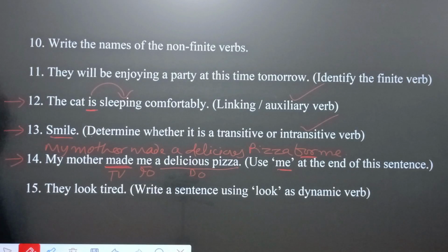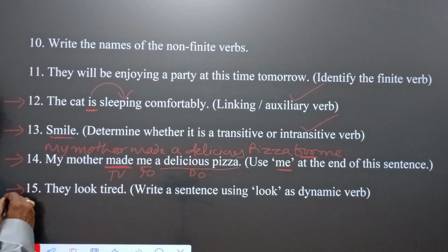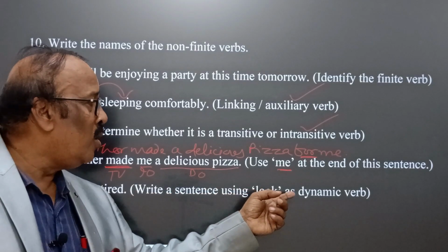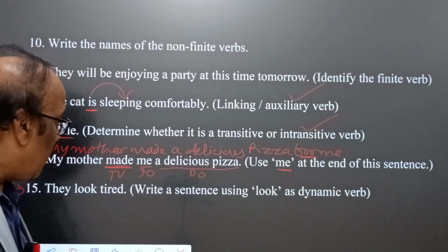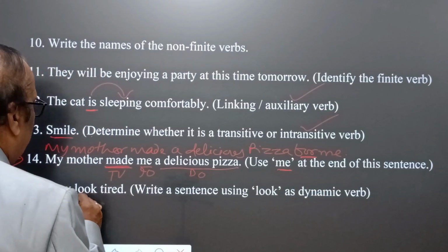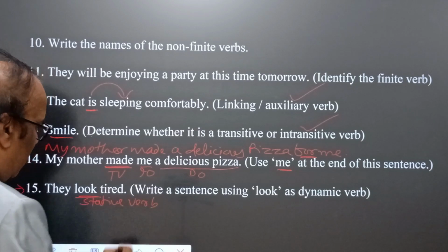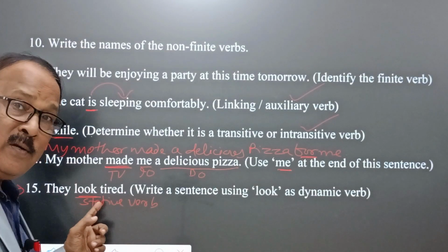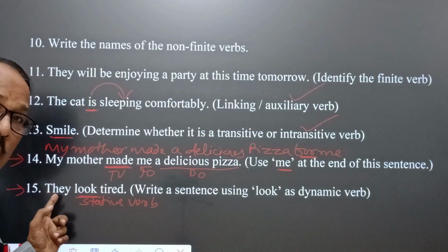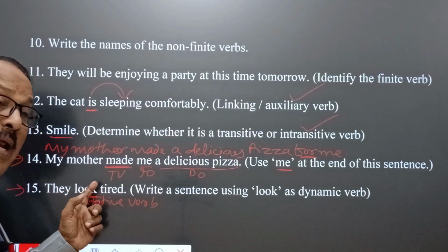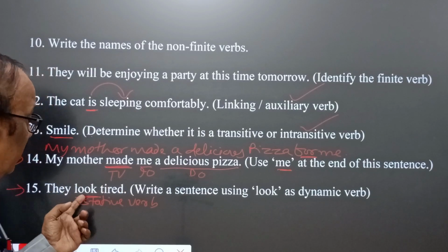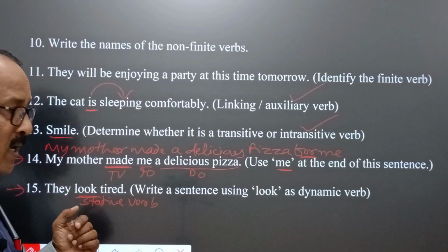Now come to the last question, that is, they look tired. Write a sentence using look as a dynamic verb. Here look is a stative verb because a stative verb indicates the state or condition of the subject. They look tired means they appear tired, and therefore look is the stative verb.